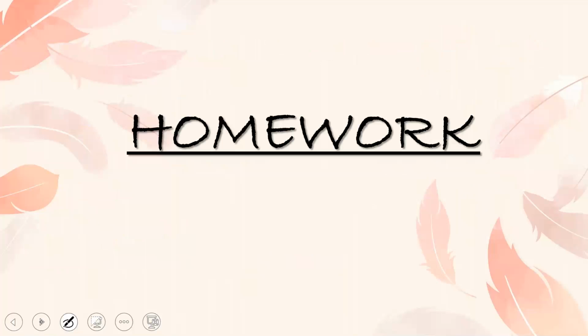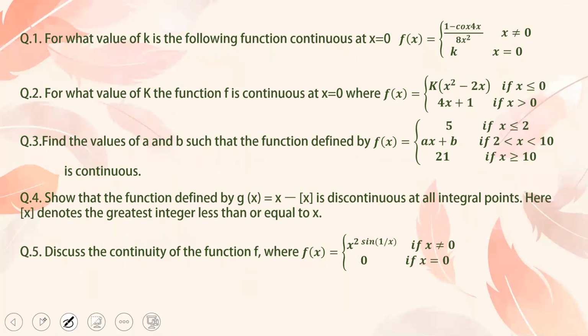Here is your homework. So first you need to find the value of k. You already know how to find the value of k if the function is continuous at x equals to 0. Second problem is the same. You need to find the value of k when the function is continuous at x equals to 0. And this is the definition of the function.